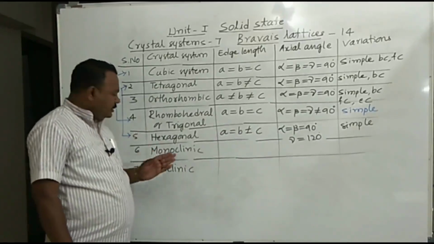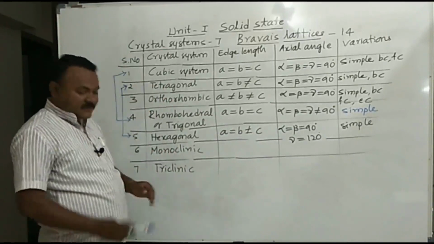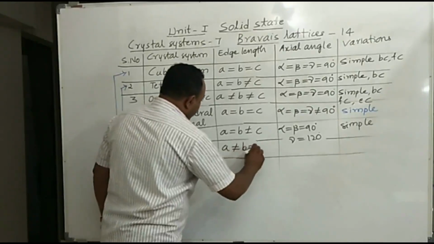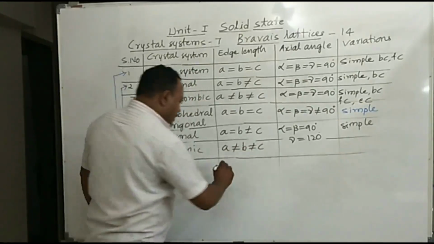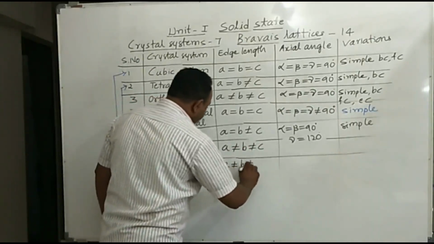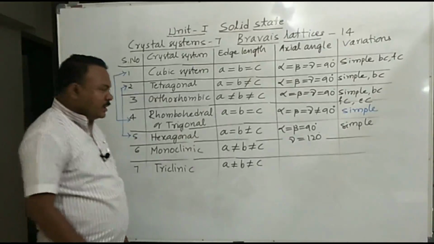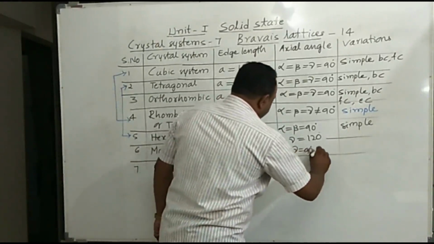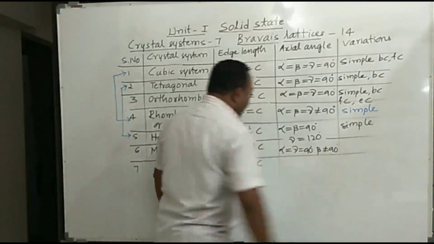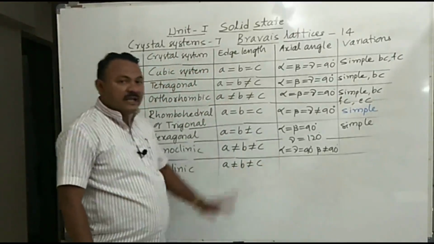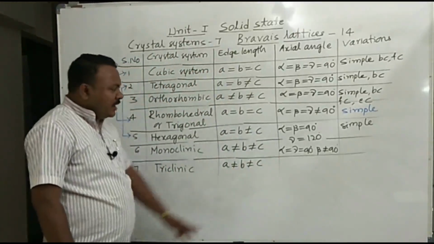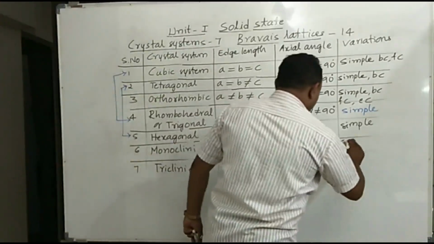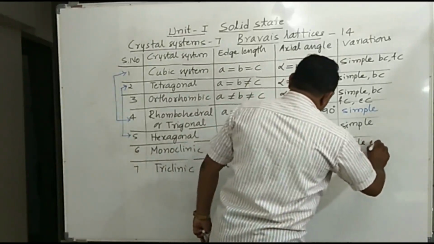Whenever you get the word clinic with respect to crystal system, one thing you remember: A not equal to B not equal to C. Alpha, gamma 90, beta not equal to 90. Here there is a slight change in the relation between axial angles, only in the monoclinic system. Alpha, gamma 90, beta not equal to 90. And two variations are possible: simple and centered.